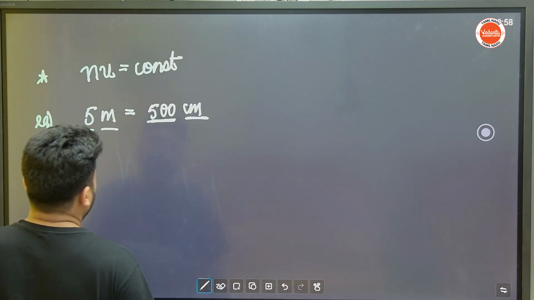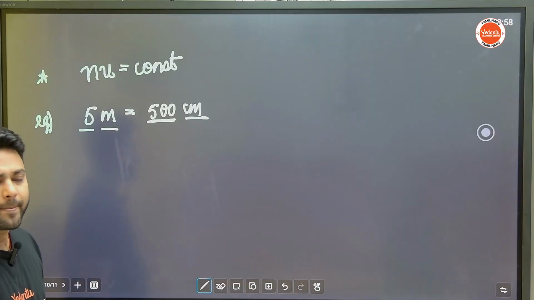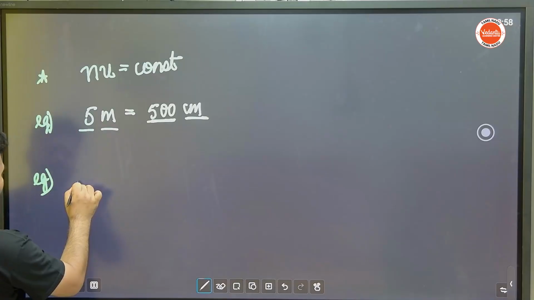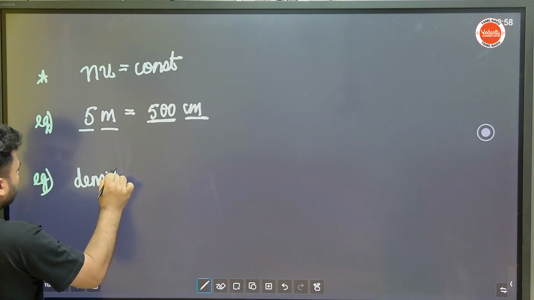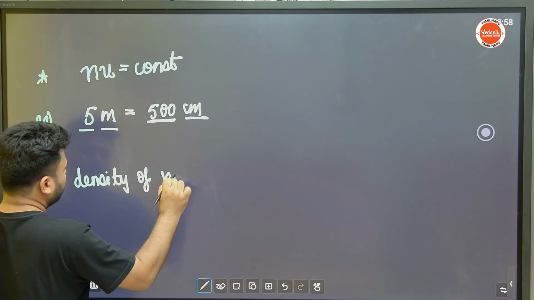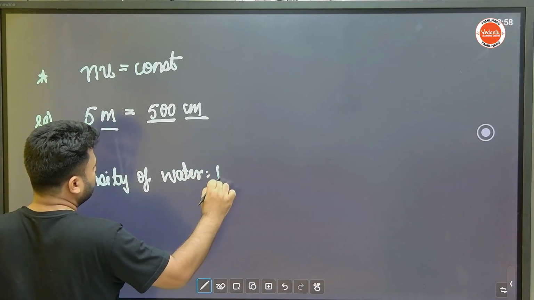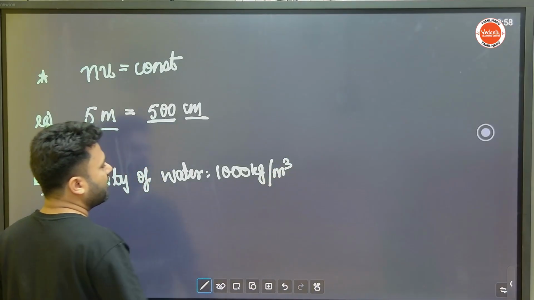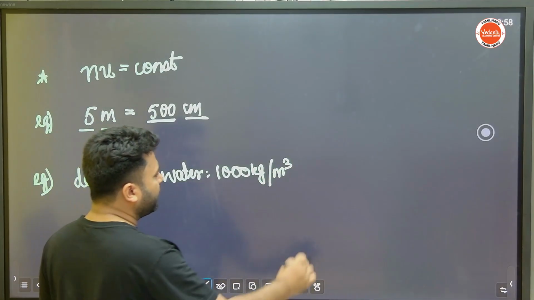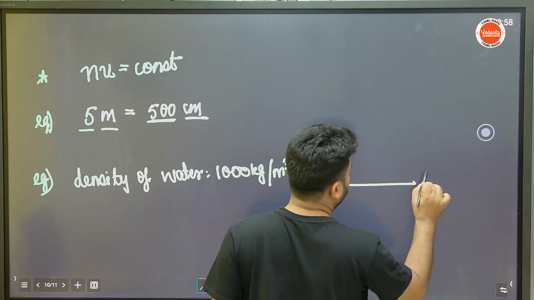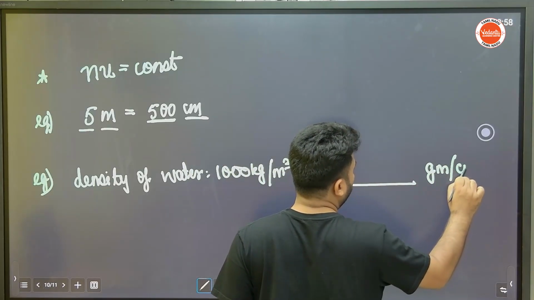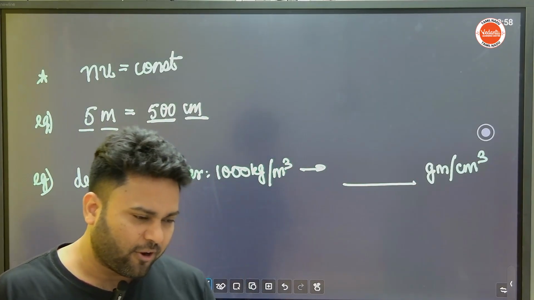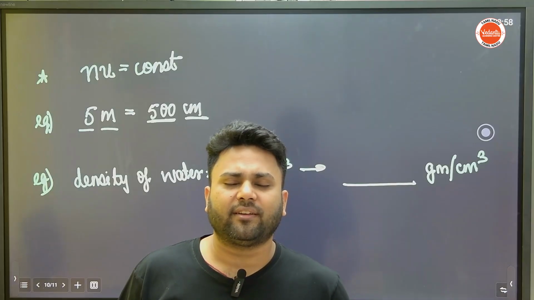So this way, they can ask anything. For example, we know that the density of water is 1000 kg per meter cube. We have to convert it to CGS unit, that is gram per centimeter cube. Now, if they ask from SI unit to CGS unit, it is very easy.